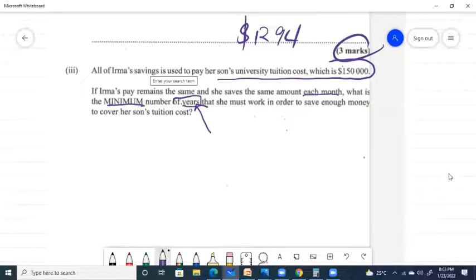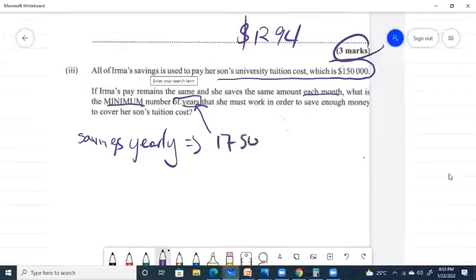She saves, what you say, 1,750? Yes, sir. And you multiply that by 26. 26 or 24? 26. It's 52 weeks in a year, and you divide it by 2. Yeah, it gives 45,500. Yeah, man. All right.